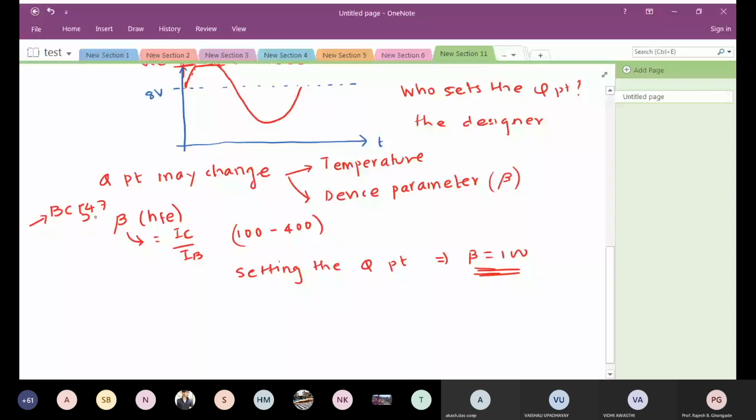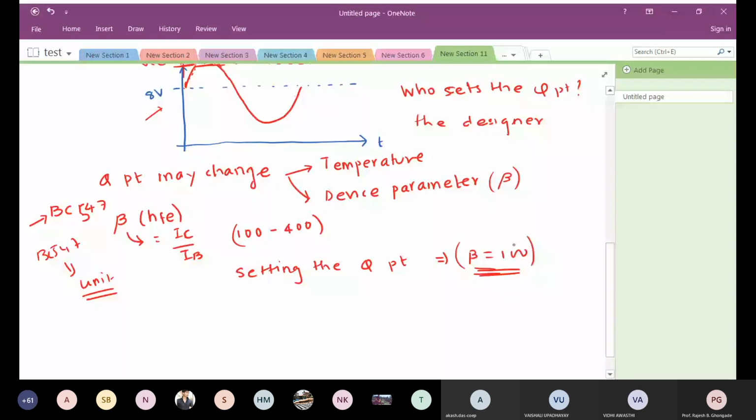So the moment you use a different device, the same BC547 but a different unit, there will be 100 such units in the bag. If you change the unit, your Q point is likely to change because the beta is going to change. We are going to see why this happens.